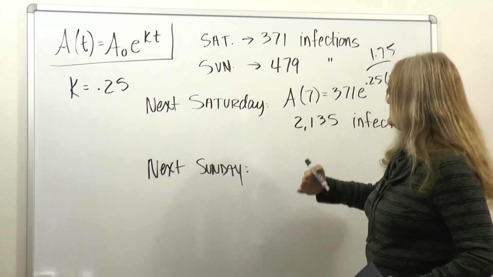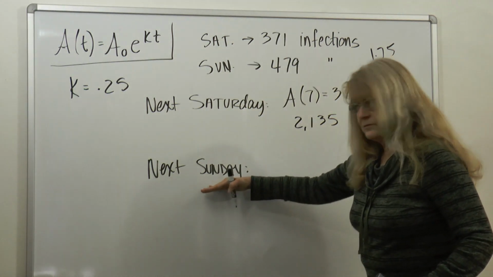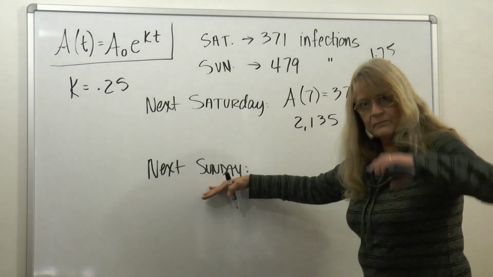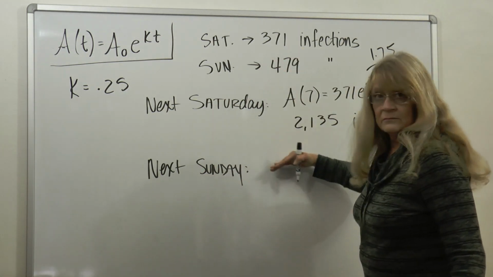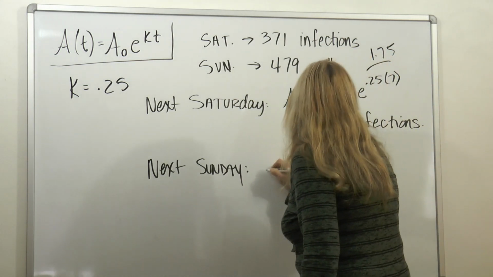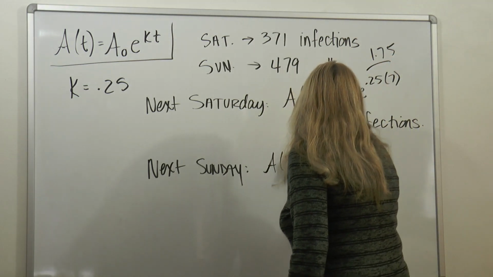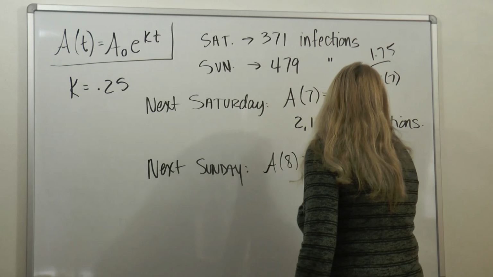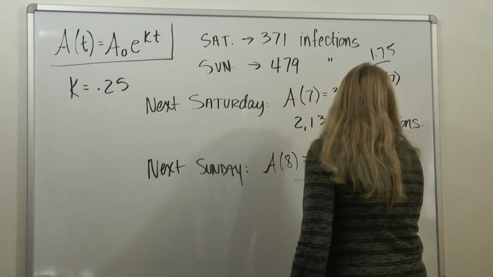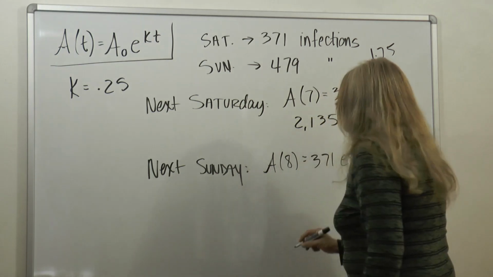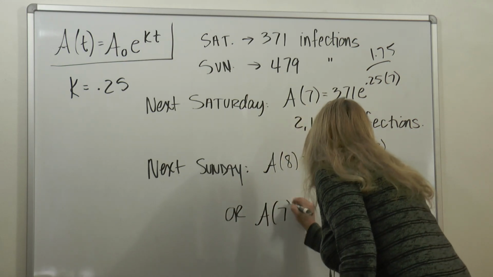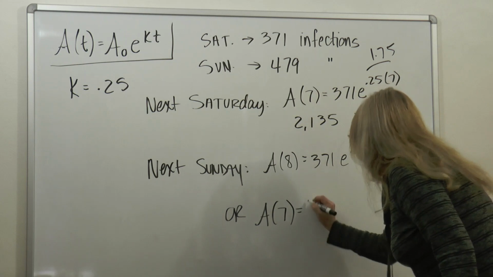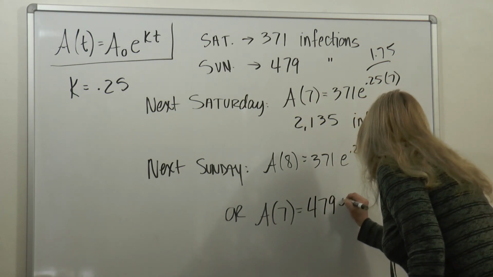The number of days to the one we're trying to anticipate, you want to make sure that you're using the correct one. So we could have a of 8, starting with 371, or you can have a of 7 with your a sub naught is 479.